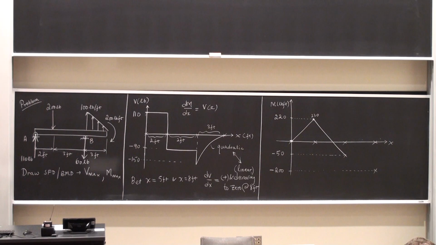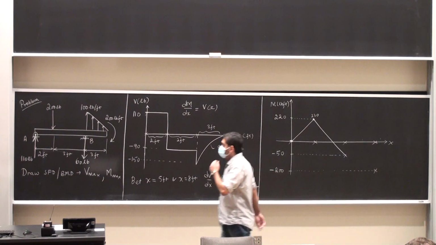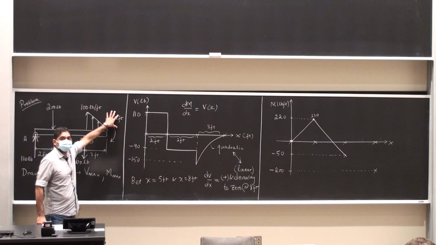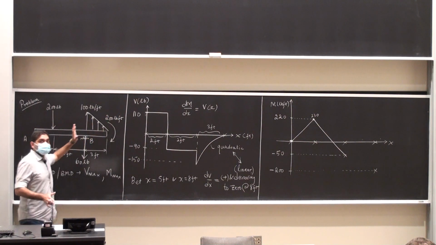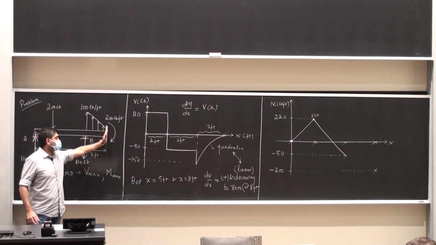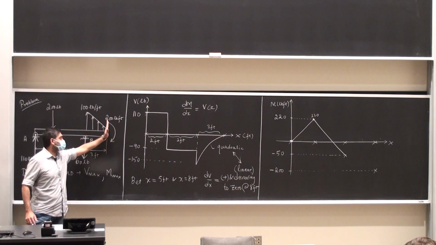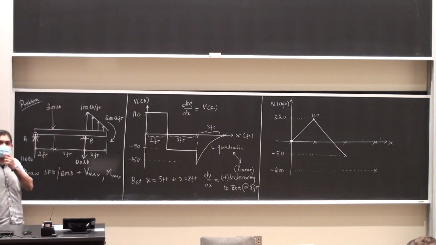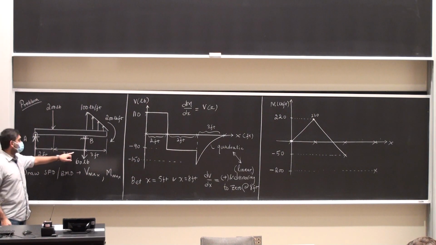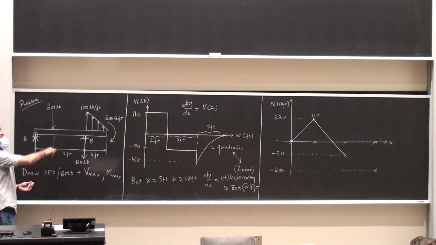How am I going to check and see if I am actually there? It is by doing the following. Forget the presence of this couple for the time being. Find the moment caused by all the other forces if I cut off the beam right before I hit the end of the beam. What's that value going to be? It's going to be 110 times a distance of 8, and that's going to be in the clockwise sense.